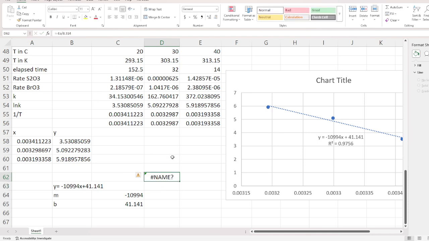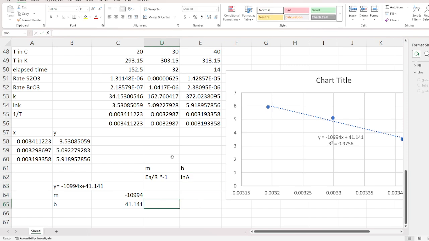Don't worry about that. So let's just put EA over R times negative 1. And that's our slope. Our y-intercept is ln of our A.